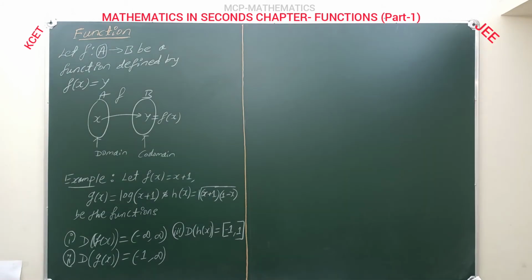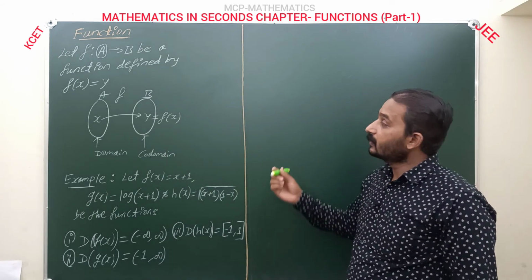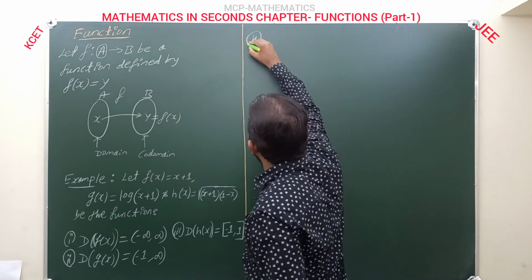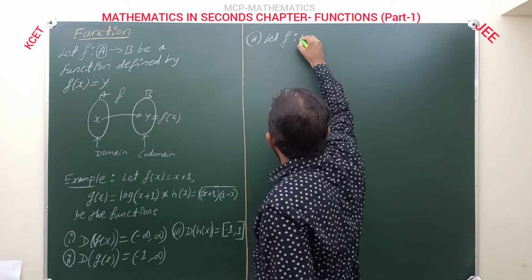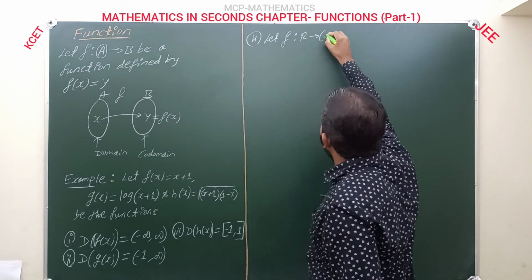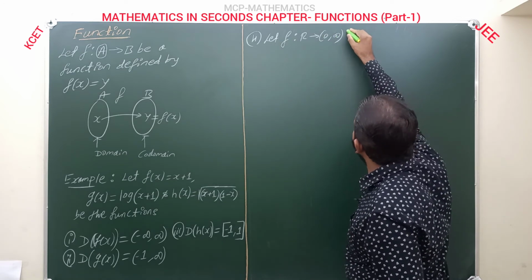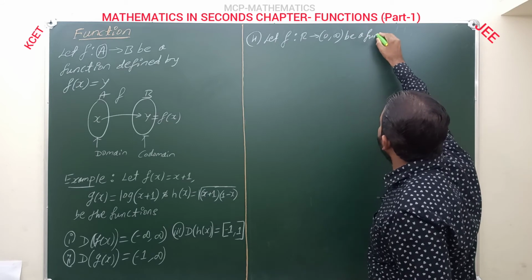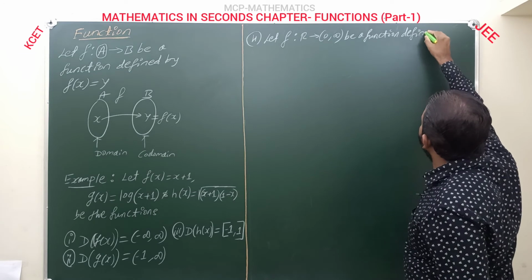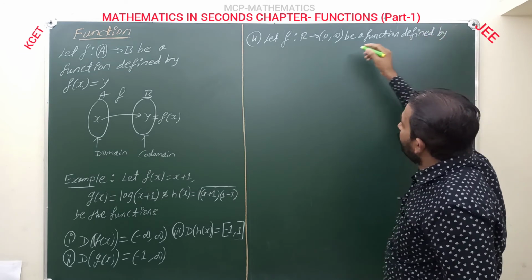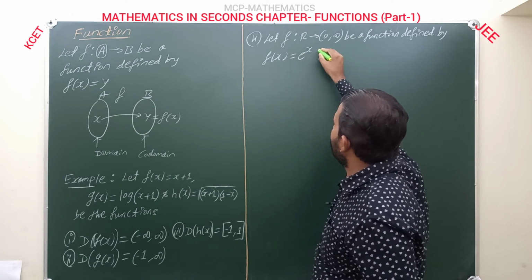Take down. Now let us move on to the domain of a composite function, the fourth one. Here we take an example: let f from the real numbers to 0 to infinity be a function defined by f of x is equal to e power x, the exponential function.